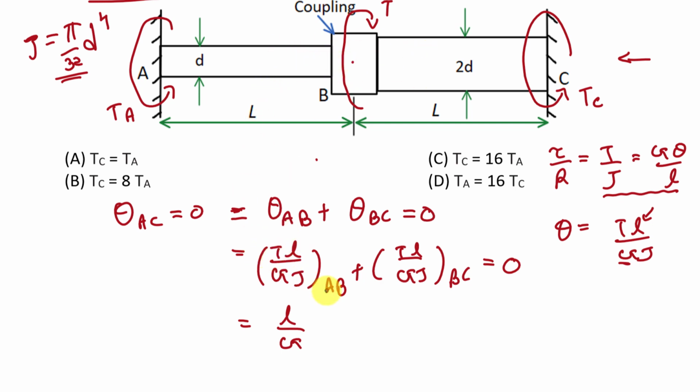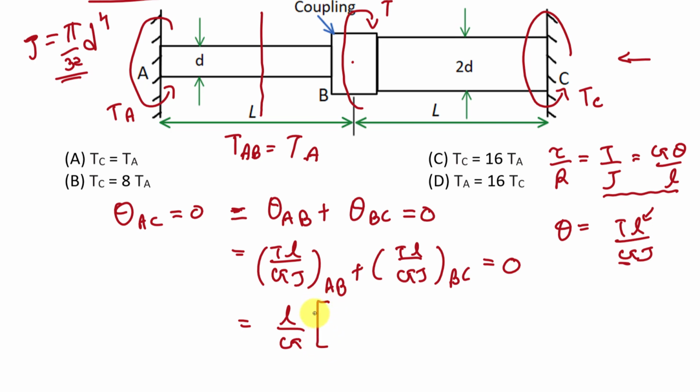To find out T in AB part, we will take one section in AB part like this, and here we will take summation of the twisting moment applied on this shaft left side of this section, and on the left side there is only one twisting moment, that is TA. So we can say that T for AB is TA.